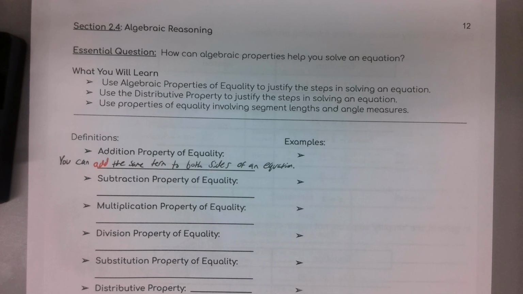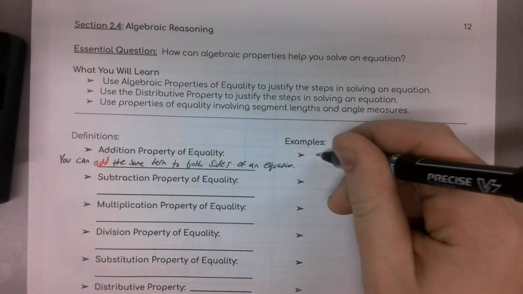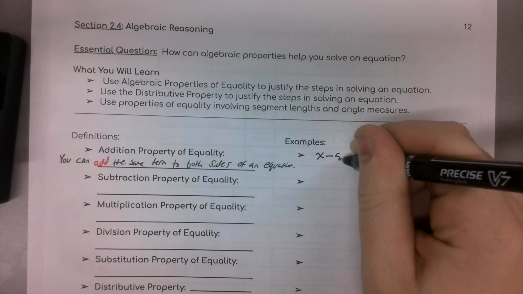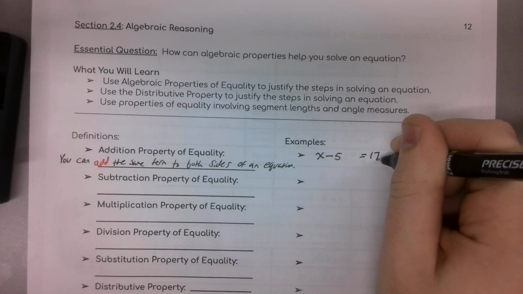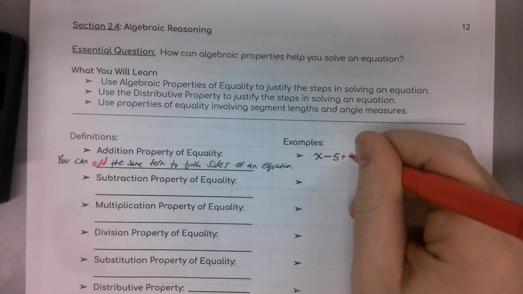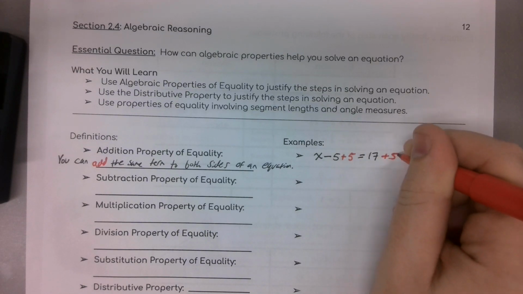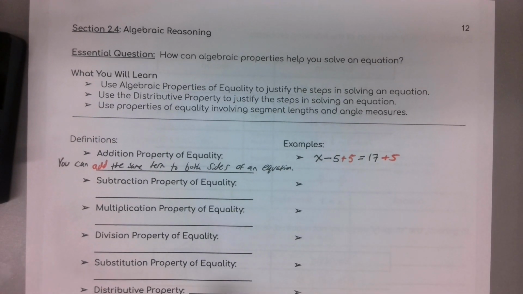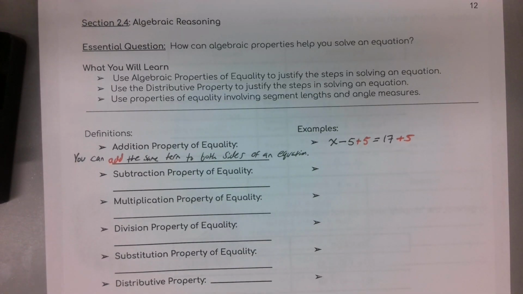So let's go back to that example, and I want to show you how you might see this problem written out in a geometric sense. You could very well see x minus 5 equals 17, but in a geometric sense, you might see it written horizontally like this. This is the same thing as if I added 5 down below.